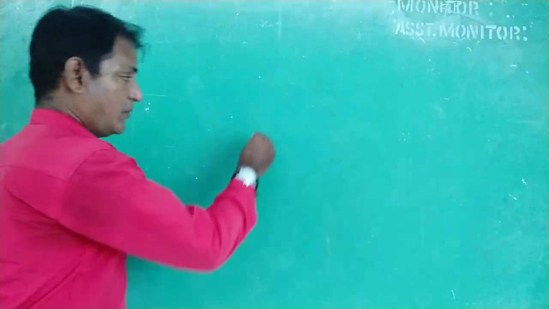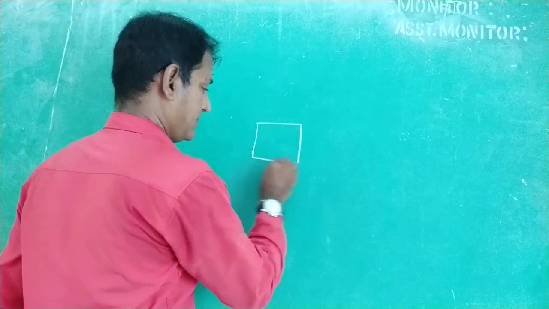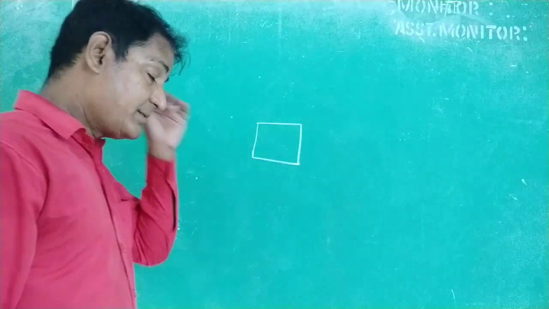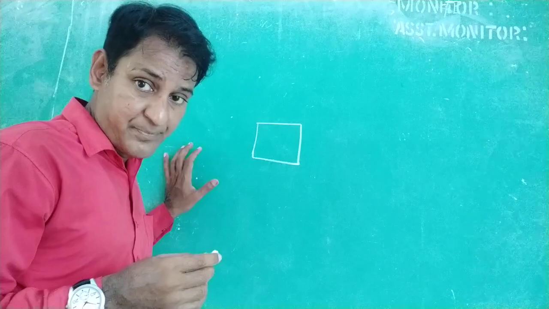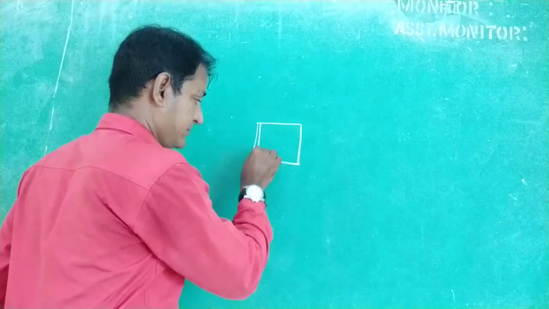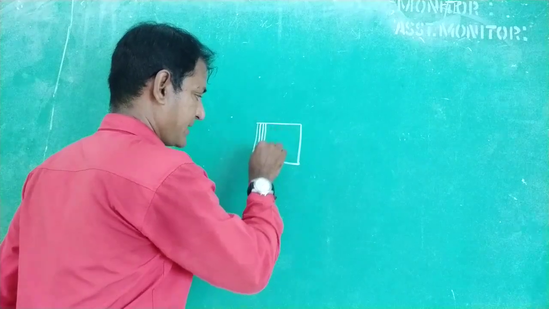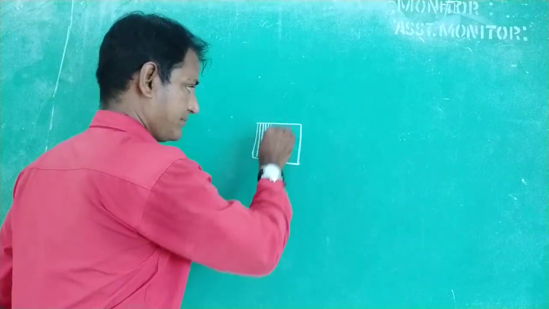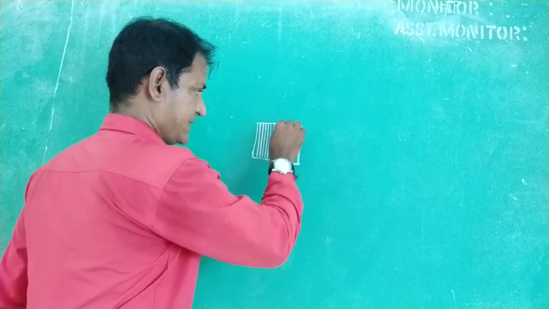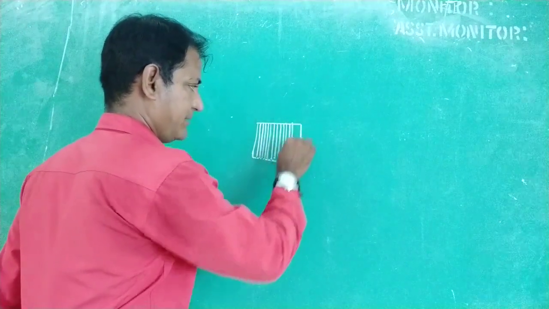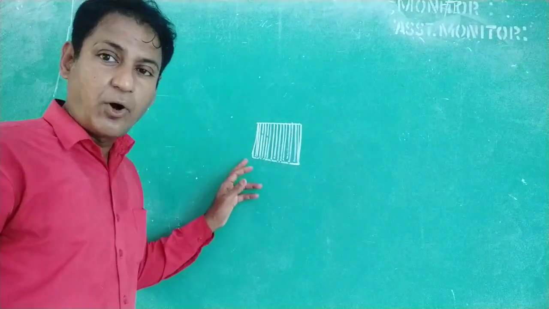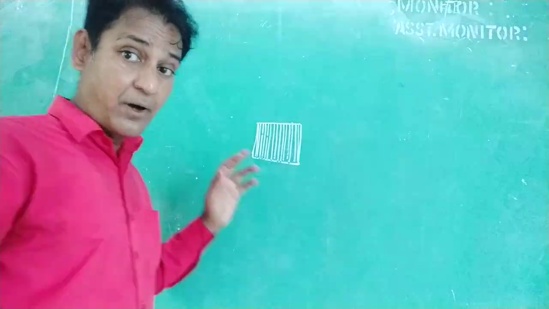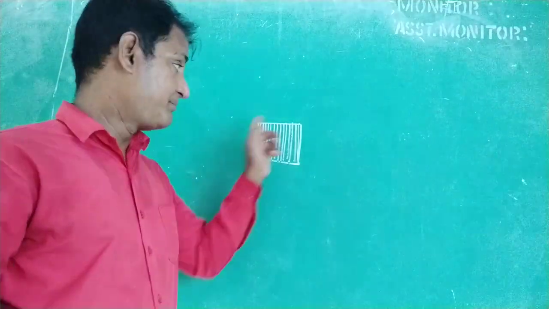See, when I take a transparent sheet, that is a glass sheet, and then using a diamond cutter some lines are put, these lines are called rulings, or they are also called the opaque portion in this grating element.